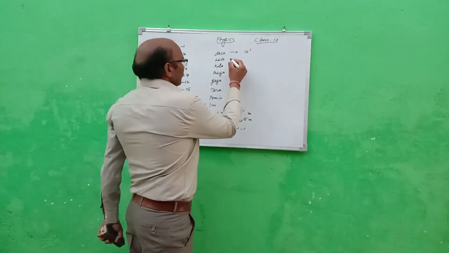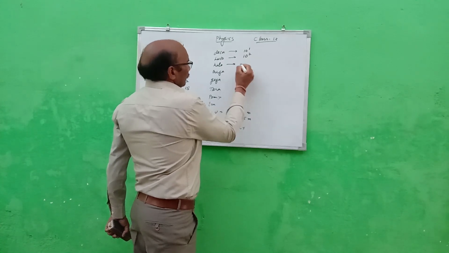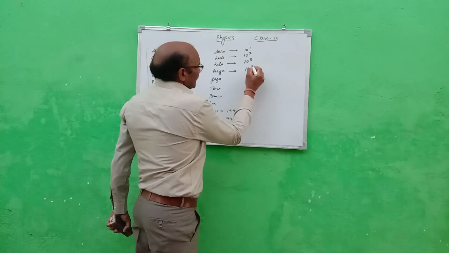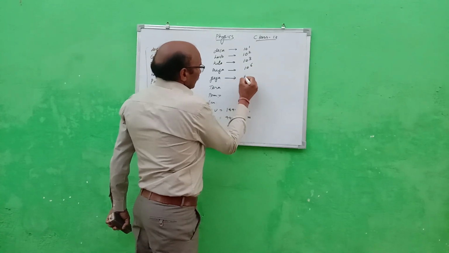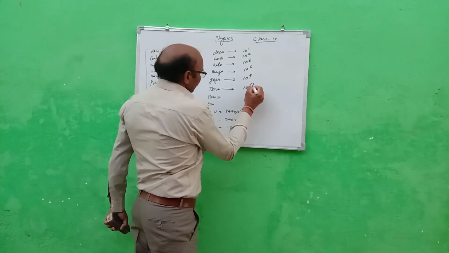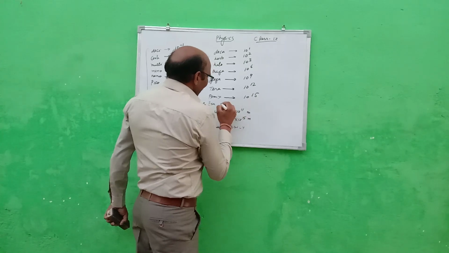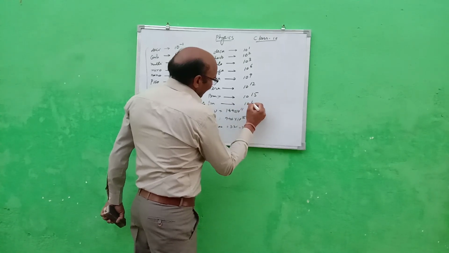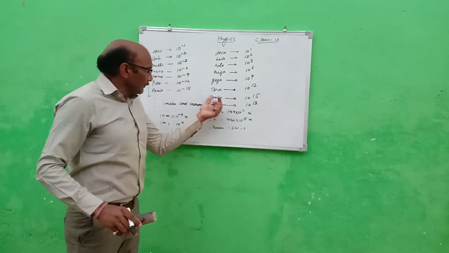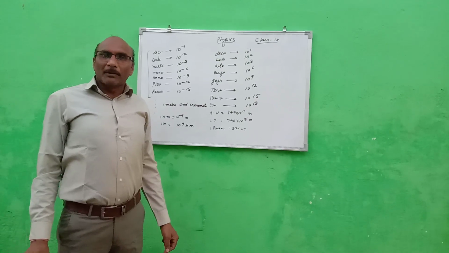Deca, hecto means 10 to the power 2, kilo 10 to the power 3, mega 10 to the power 6, giga 10 to the power 9, tera 10 to the power 12, peta 10 to the power 15, and exa 10 to the power 18. So 1 terameter equals 10 raised to the power 12 meter.